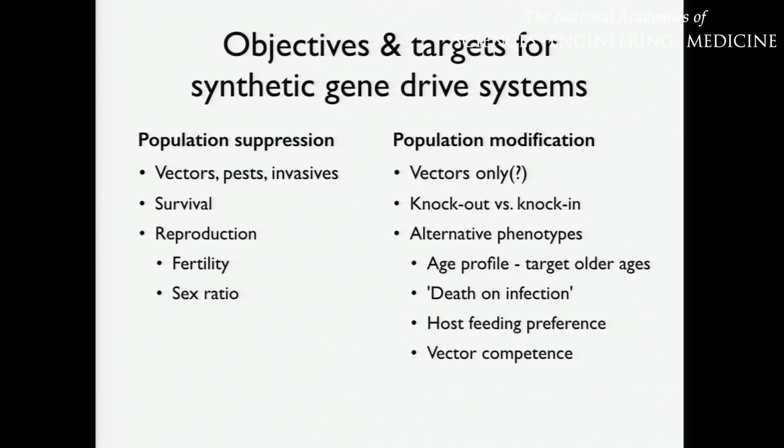Again, we can split this into two different types, broadly speaking. You can knock out a gene that's found naturally in the vector species, a gene that renders it less harmful. Or you can try and introduce a new gene that renders the species less harmful.